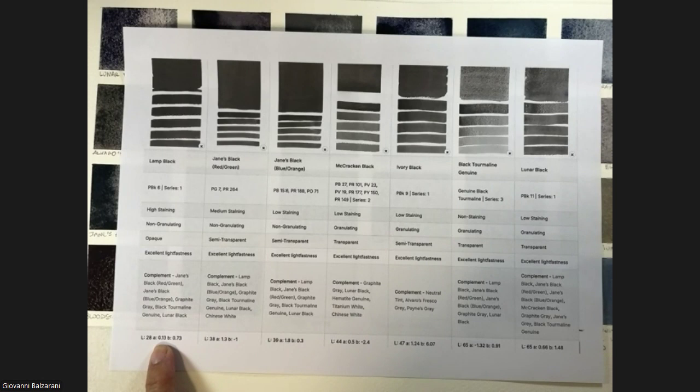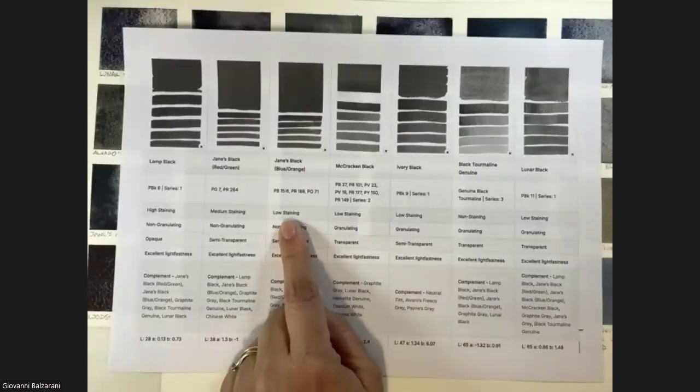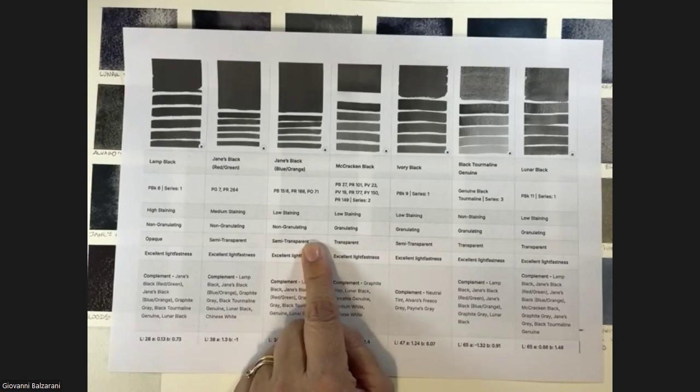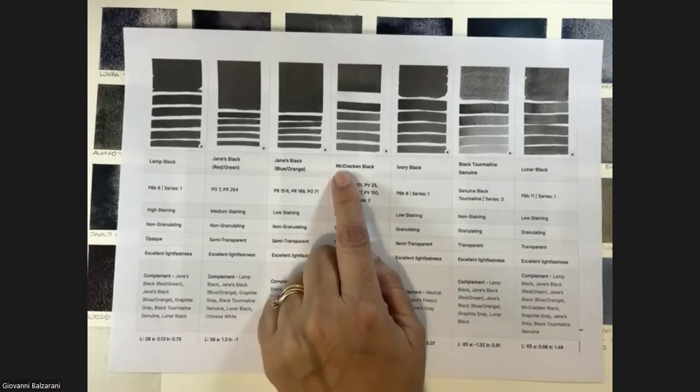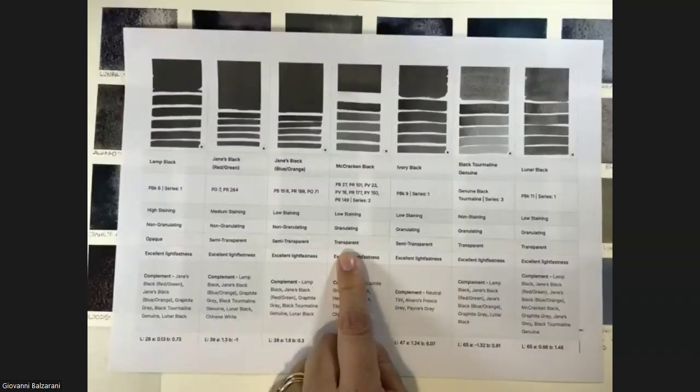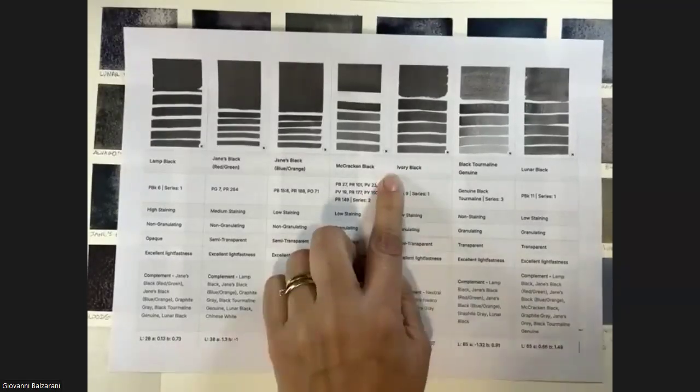Then we have the Jane Black, red and green. This is medium staining, non-granulating, semi-transparent. The Jane Black blue orange is low staining, non-granulating, semi-transparent. The other one, McCracken black, is low staining, granulating, and transparent.